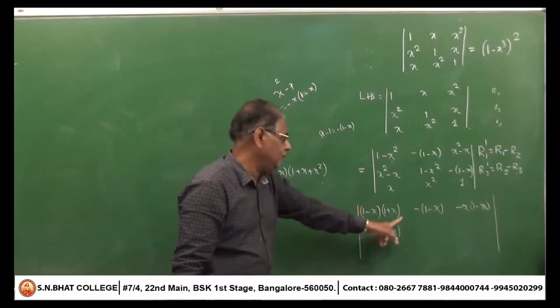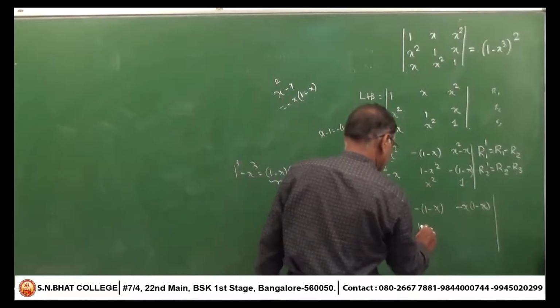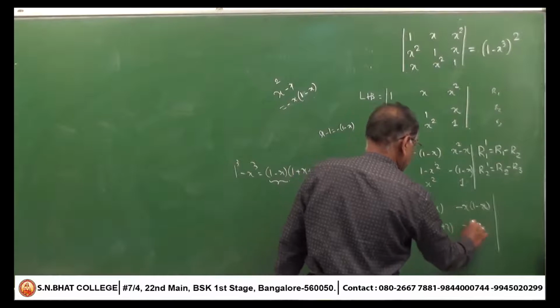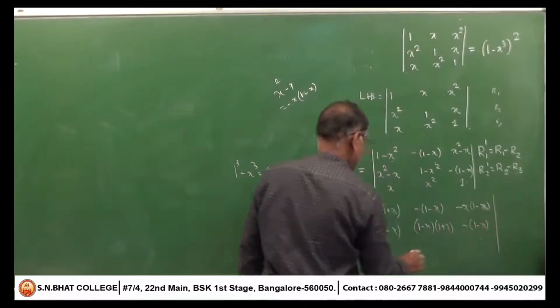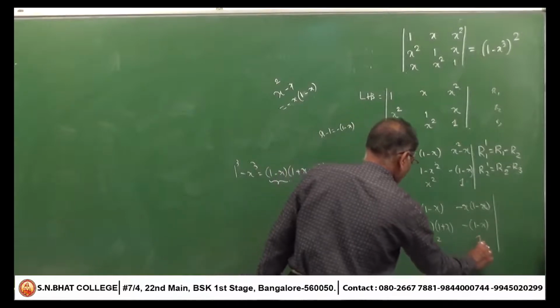Then 1 minus x square, 1 minus x into 1 plus x, minus of 1 minus x. Write third row as it is, x square 1.